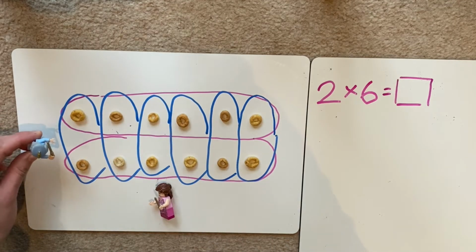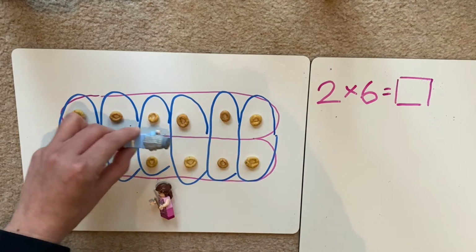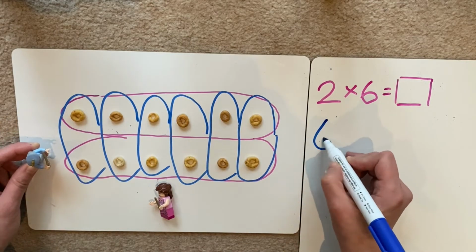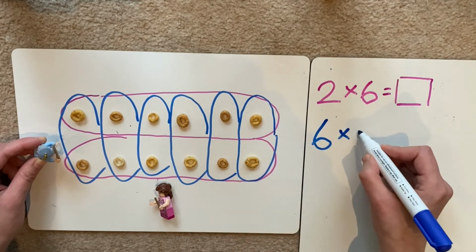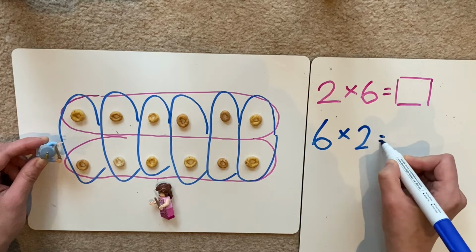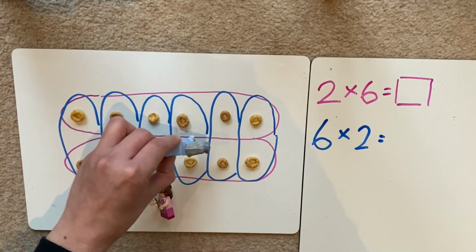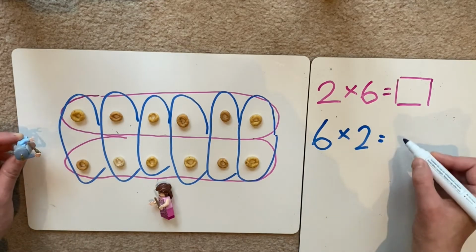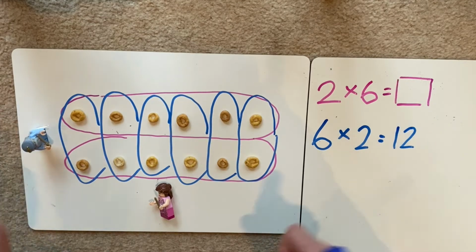So how many rows does Dumbledore see? 1, 2, 3, 4, 5, 6. He sees 6 rows, and in each row there are 2 Cheerios. And Dumbledore, he knows how to count in twos. 2, 4, 6, 8, 10, 12. 6 groups of 2 is 12.